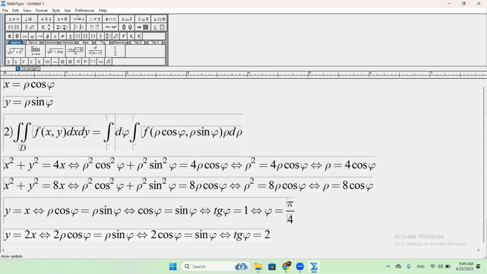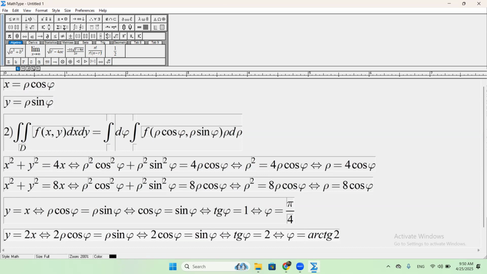And then it means that phi will be equal to arctangent of 2. Oh, Greek symbols. So this is not a table value, but phi can have such values.